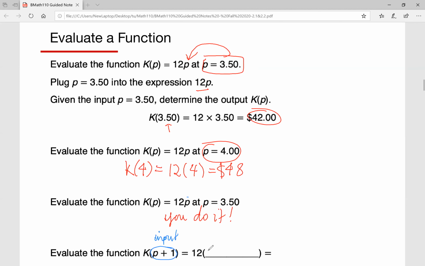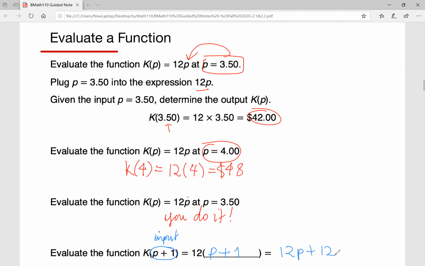It was p here, but now it's gonna become p plus 1, right? Because now the input is p plus 1 instead of p. Okay, so if you want to do distribution, you're gonna have 12p plus 12.